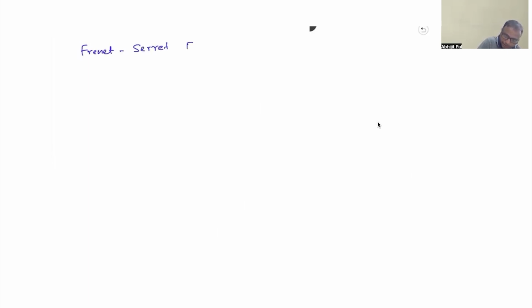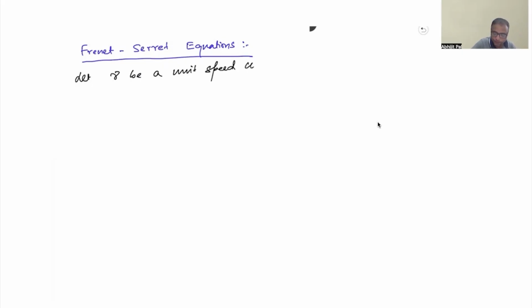Let gamma be a unit speed curve in R3, and the curvature is not equal to 0.